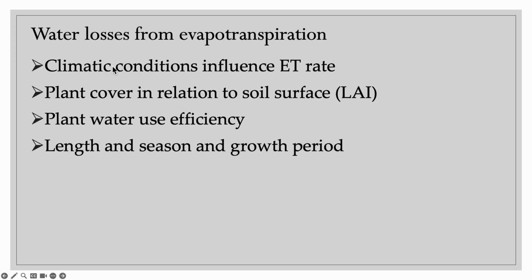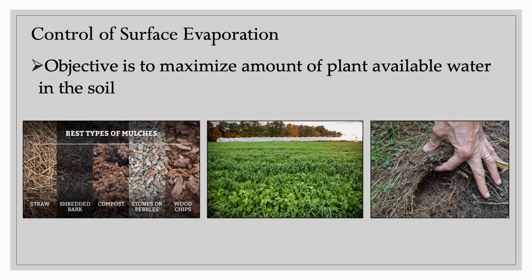Some of the other things are going to be our climatic conditions, our plant cover, water use efficiency, and how long the season is and how long the growth period of that plant will be. So some of the ways that we can minimize that: obviously we're going to want to have more cover, whether it be a cover crop or some type of mulch, so that we have a barrier between the atmosphere and the moisture that is in the soil.